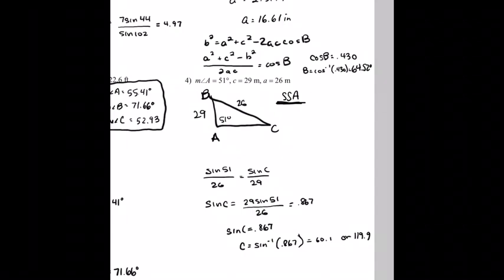So now we've got to think, are both of these answers possible, or is one of the angles too big? Remember, all three angles of a triangle can't add up to more than 180. The only given angle is 51, so obviously if we add 60, we're good. 51 plus 60 is not bigger than 180.